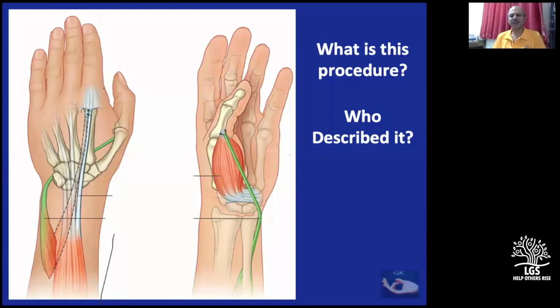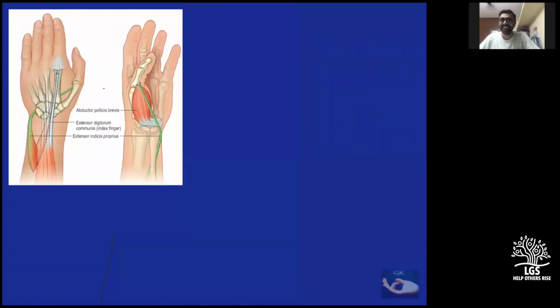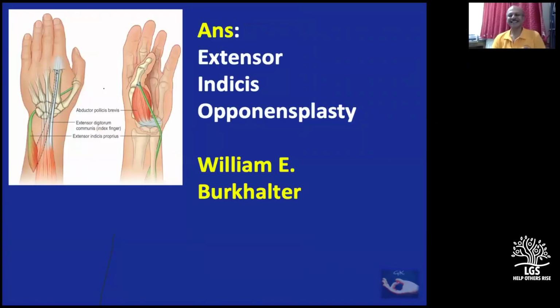So transfer of the extensor indicis proprius, and this was described by, do you know his full name? No, sir. Okay. So this is the extensor indicis opponensplasty described by William E. Burkhalter. And is he alive? Yes.